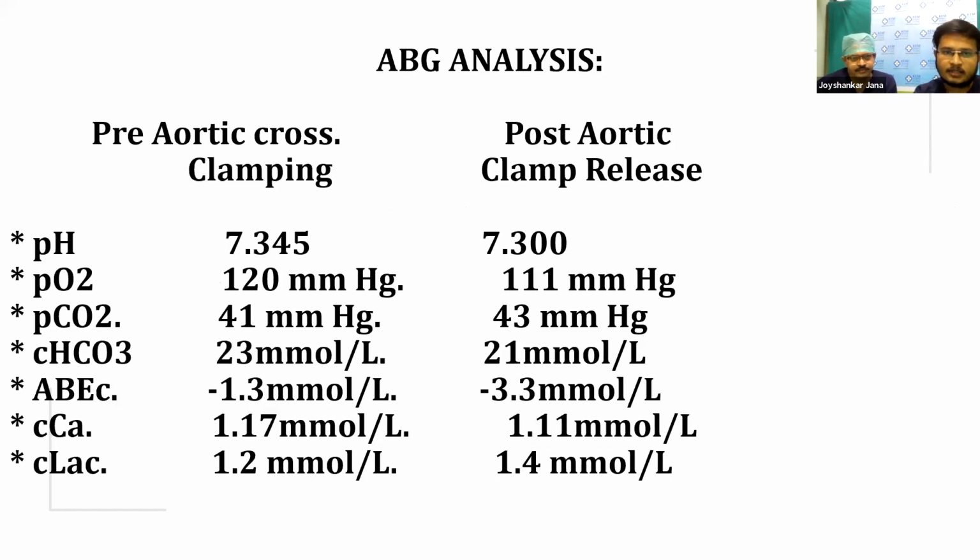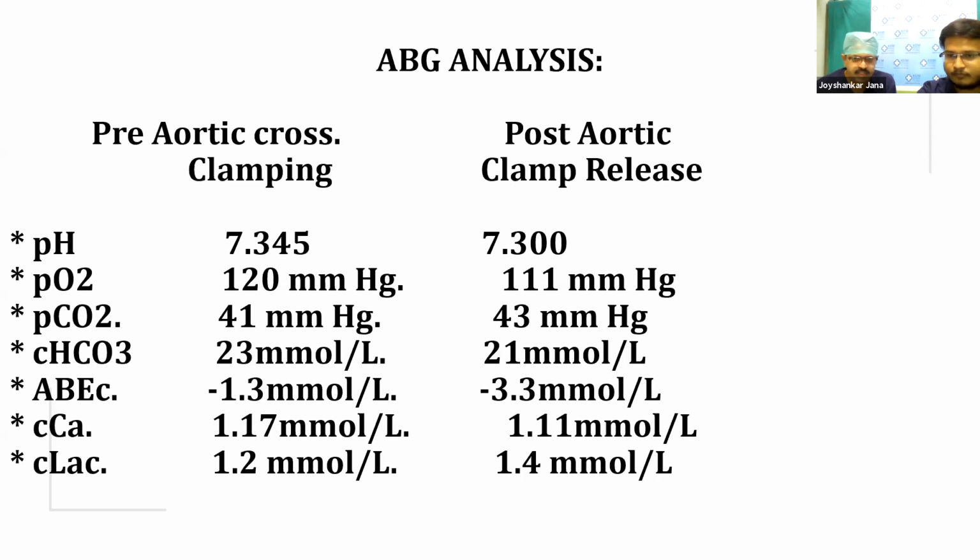This is the ABG analysis. There is a pre-aortic clamping pH and the post-aortic. All the patients remain metabolically very stable. There is a mild acidosis. This is acceptable. That is physiological. So we didn't give anything for that. And calcium also remained normal. There is an increase in lactate, but that is obvious and acceptable.